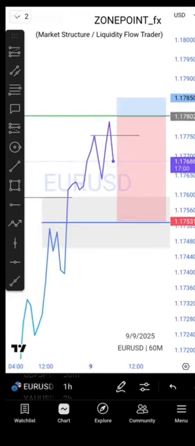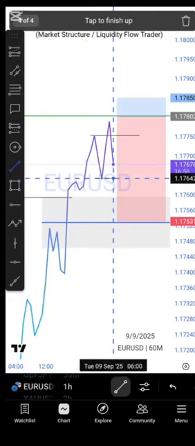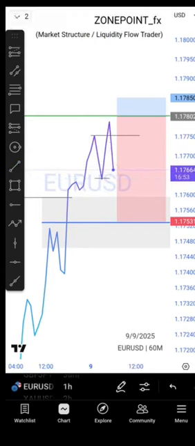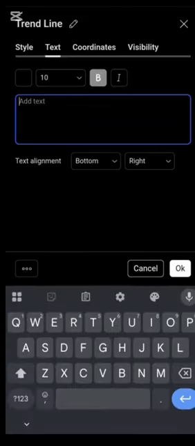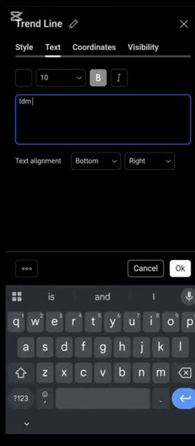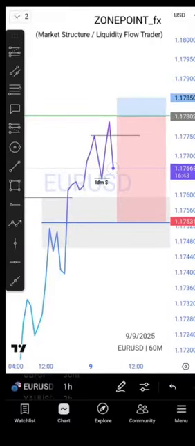The first pullback now, this is the first pullback, which is by inducement. IDM is inducement in my own way.